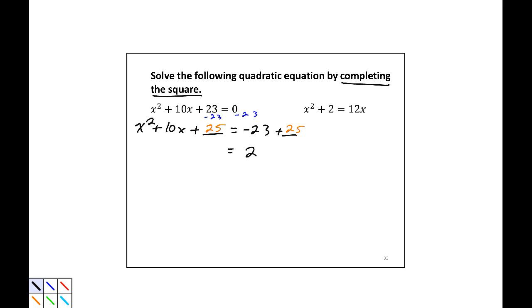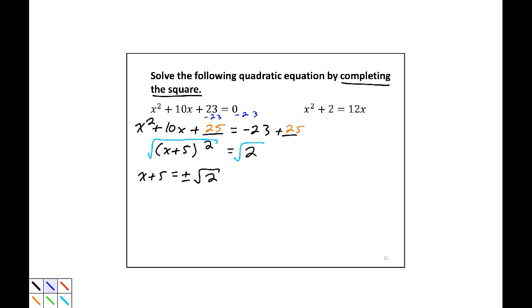Well, on the left-hand side, that will factor as a perfect square trinomial. That will be x plus 5 squared. It's not a coincidence that that number 5 is half of that 10. Now we can take the square root of both sides and apply our solving by square roots method to get x plus 5 equals plus or minus root 2.